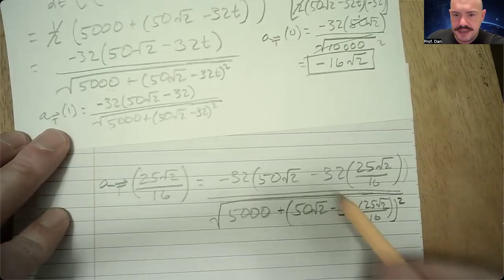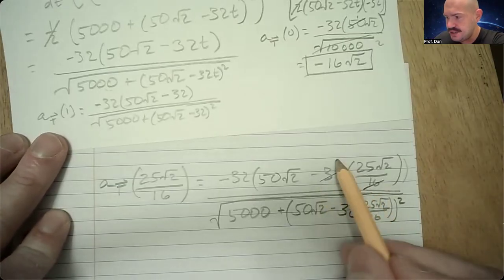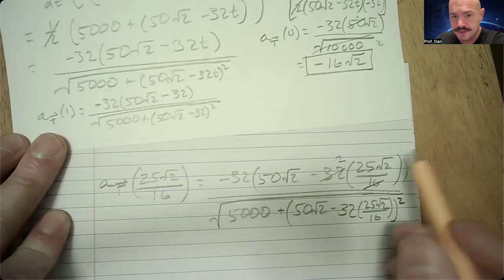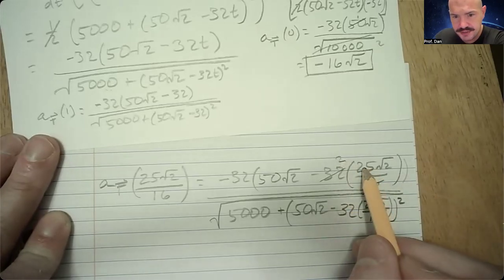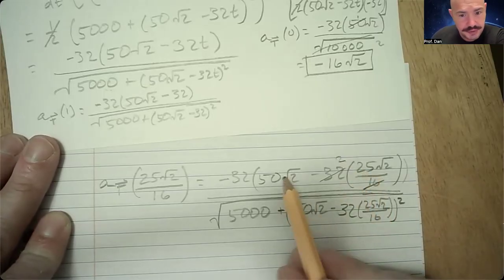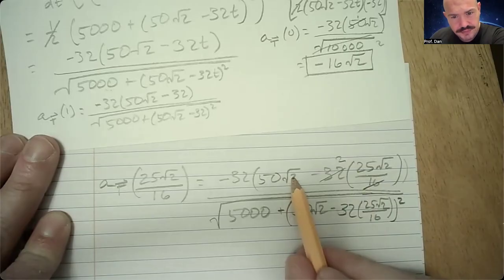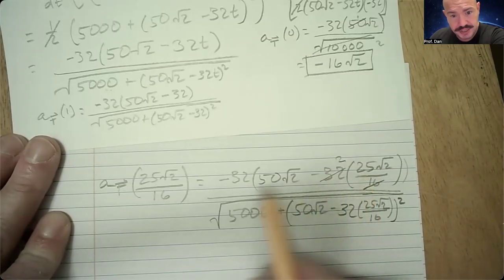All right, so here's what's going to happen. I know that 32 divided by 16 reduces to just 2. Guess what? If I multiply 2 times 25, what do I get? That's right, I get 50. So we end up with 50 square root 2 minus 50 square root 2. You know what that is? That's 0. You know what 0 times anything else is? 0.